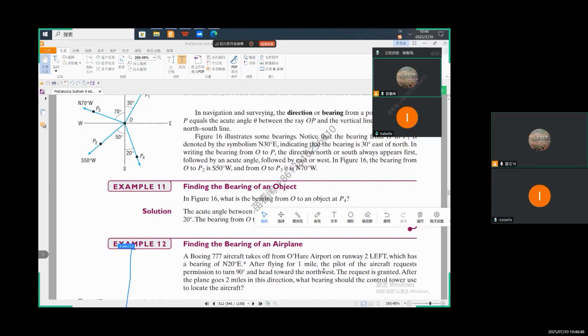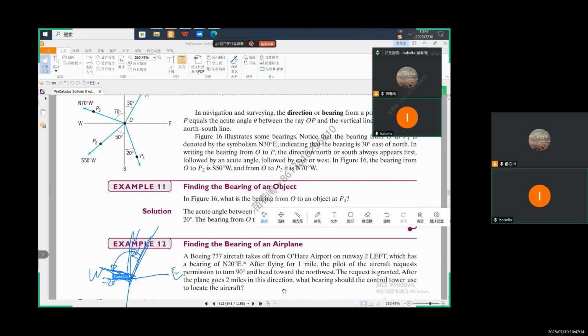Okay, a bearing of N 20 E. So north, east. So 20 degrees would be around here, I guess. And then it turns 90 degrees towards the northwest. So that would be here, but minus 20 degrees.